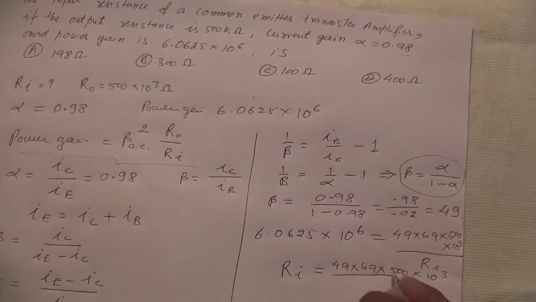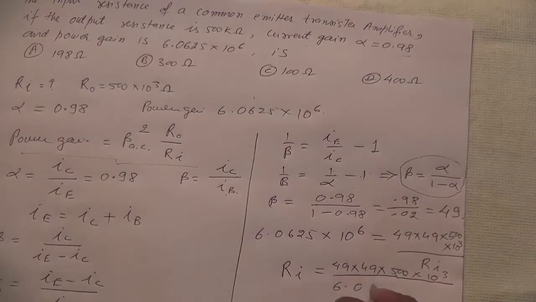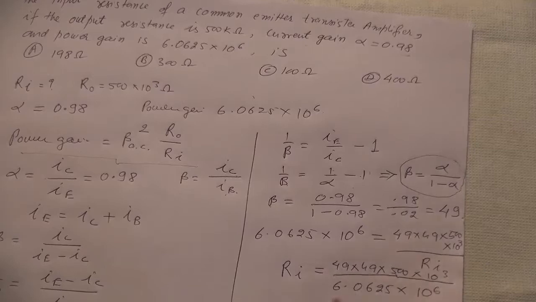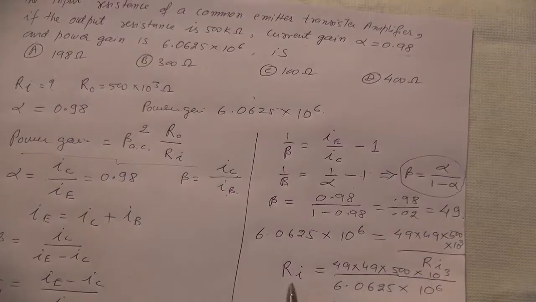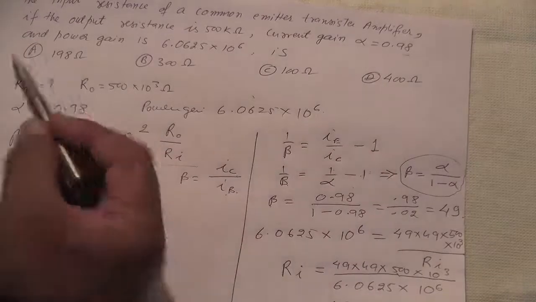This is to be divided by 6.0625 into 10 to the power 6, और इसको आप पूरा कैलकुलेट करिए। 10 to the power 3, 4, 5 इससे कैंसल हो जाएगा और इसको डिवाइड करेंगे and all this comes to 198 ohm. So Ri is 198 ohm and we check here, this is the right option.